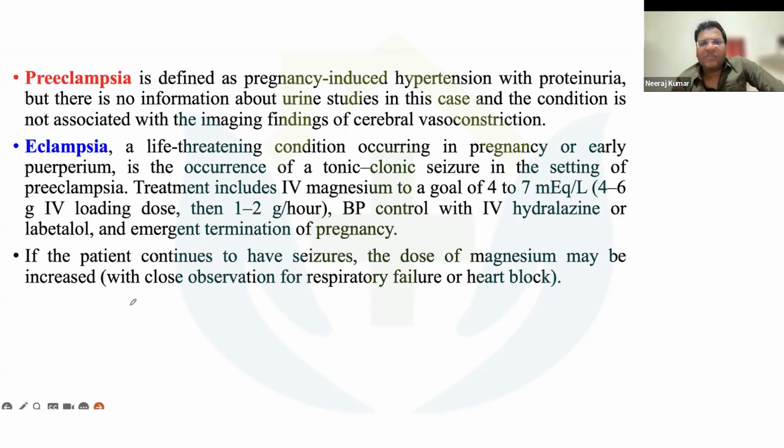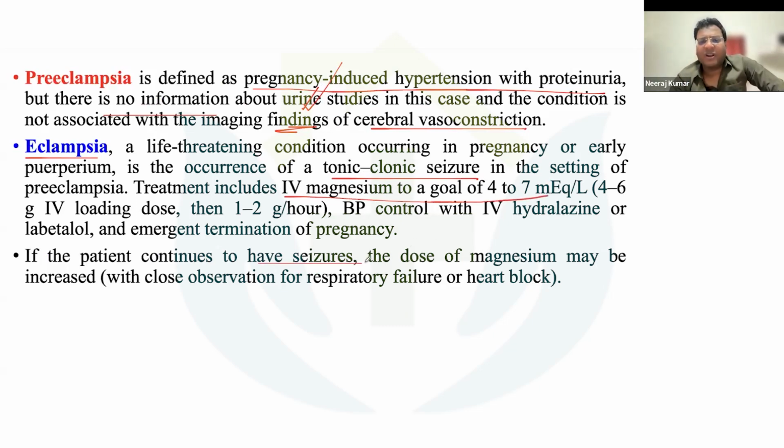And why not preeclampsia? Because preeclampsia is defined as pregnancy-induced hypertension with proteinuria, and there is no information about urine studies given in this case. That's why. And even then, the condition is not associated with any imaging finding of cerebral vasoconstriction. It is a life-threatening condition occurring in pregnancy, and here, with tonic-clonic seizures in the setting of preeclampsia, the patient will have a goal of 4 to 7 milliequivalents of magnesium.